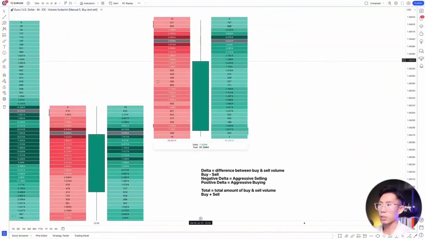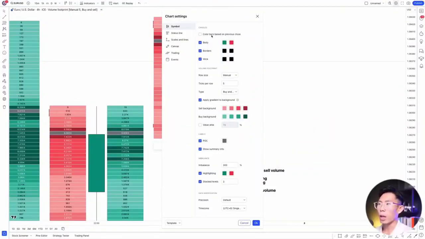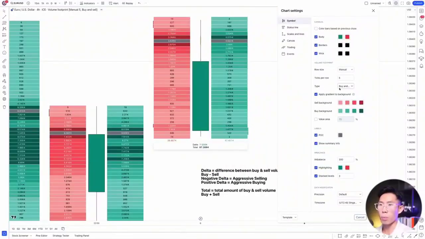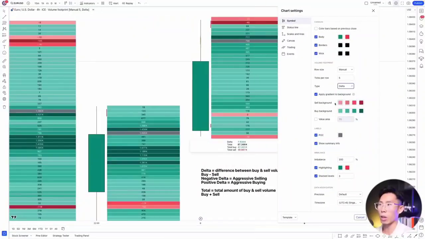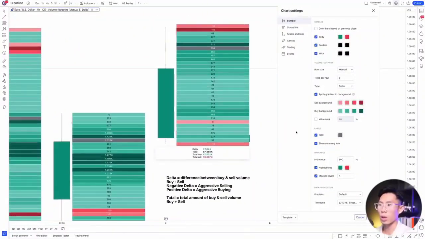Now, that's basically how this entire footprint chart works, how you read it. And there are different types that you can choose from. This is the normal buy and sell one, and then you can have the delta one, which focuses on just one row instead of two rows differentiating buy and sell. You just have one row, which shows you the total buy volume and total sell volume.